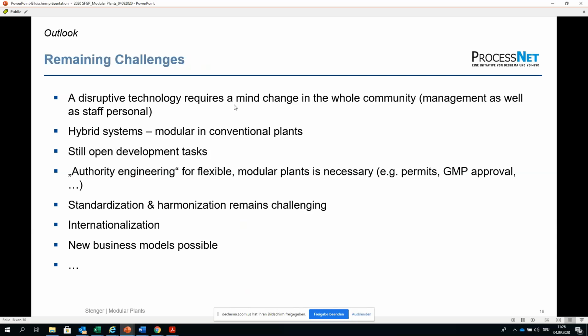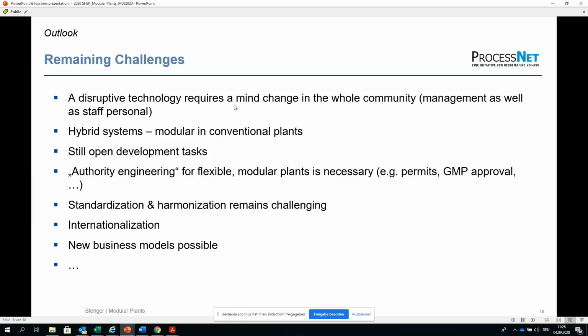This takes time, and therefore you need good arguments, good dissemination activities, and good examples that show that this really brings a benefit. Of course we will not rapidly change from monolithic or conventional plants to modular, so we need a transition phase. It's still a challenge to bring these new systems into existing plants. It's possible, but it needs some adaptations.